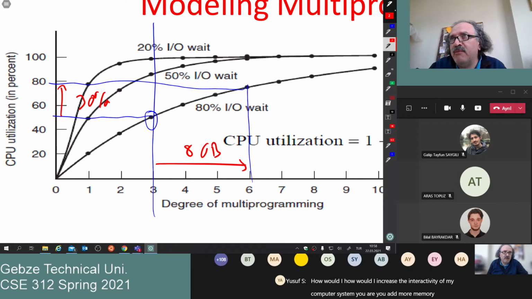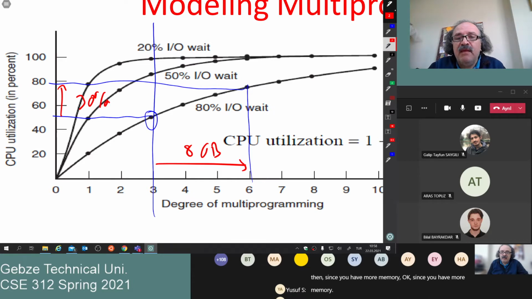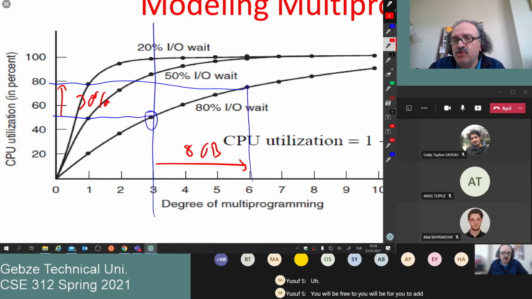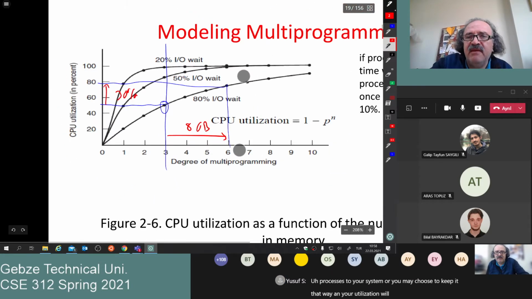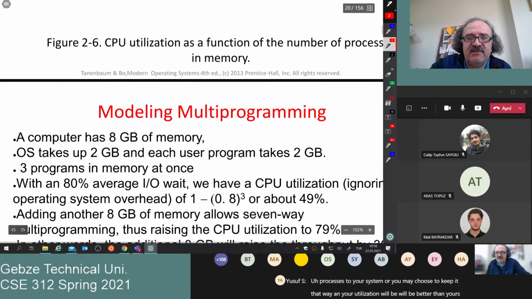When you add more memory, since you have more memory, you will be free to add more processes to your system, or you may choose to keep it that way, and your utilization will be better, and your responsiveness will increase.